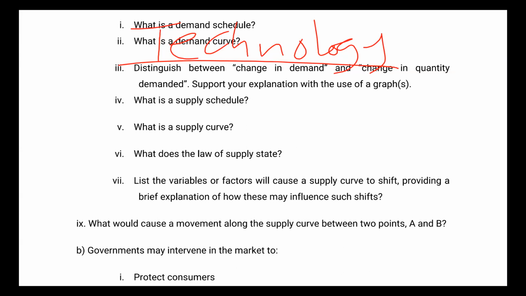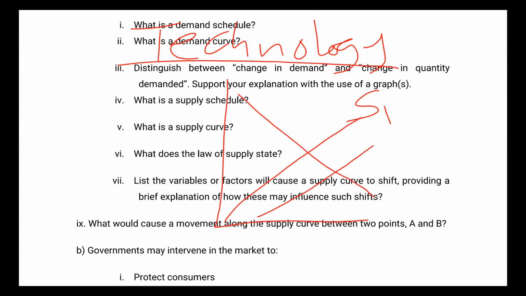Okay. So now, how does that affect the supply? How does the supply curve shift? If there's an improvement of technology, the supply curve will move downwards to the right side, meaning there'll be more supply. So SC2 like this. What will happen to the quantity supplied? There'll be more production, it will increase.